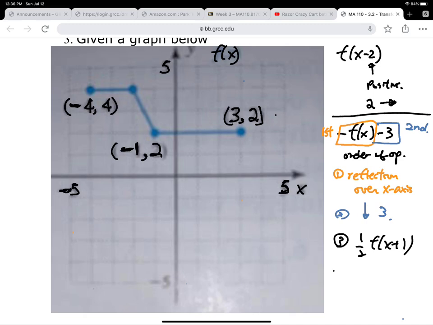Okay, we're ready. So number 3, you have 1/2 of f of x plus 1.